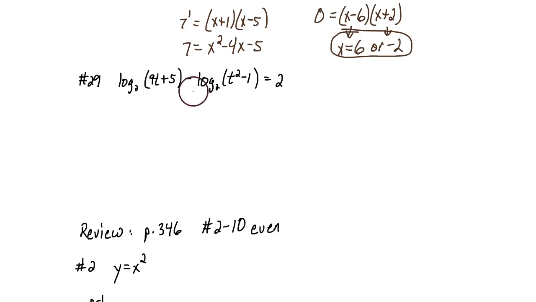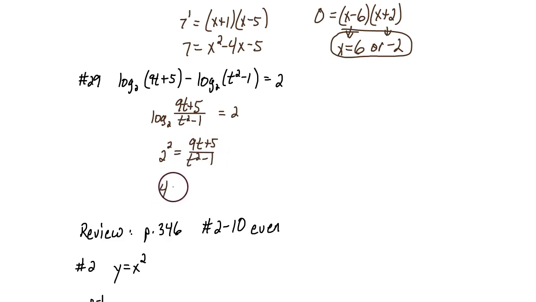Number 29, let's condense on the left side by writing the log only one time. When this is a minus sign, the argument has division in it. We have the base 2 raised to the second power is equal to the 9t plus 5 over t squared minus 1.